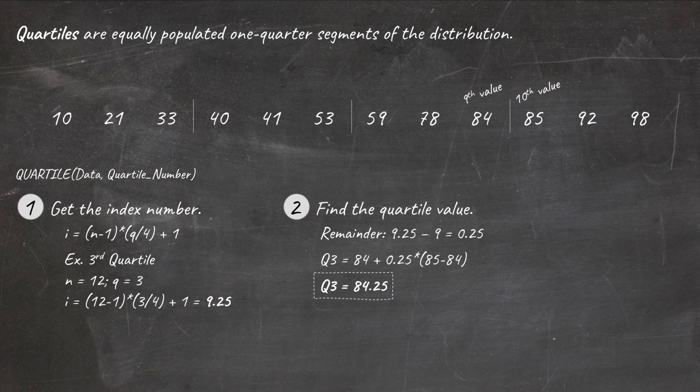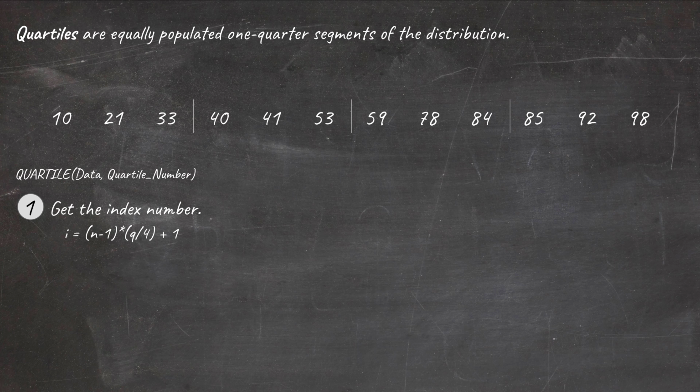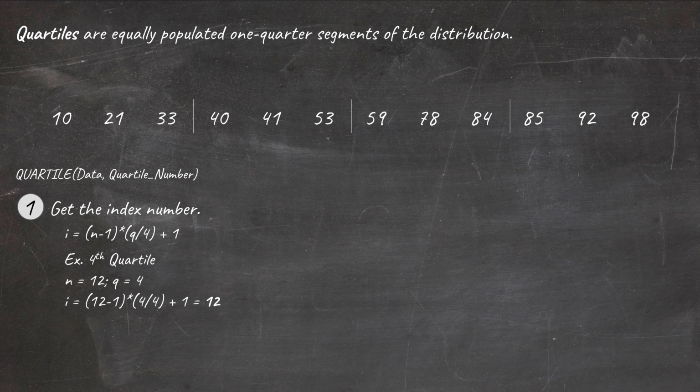I said that you really can only have 1, 2, or 3. But what's nice about this method is we can also do 0 and we can do 4. We'll see this come up later as well. Let's find the fourth quartile. If we plug in 4, then we have 12 minus 1, which is 11, times 4 divided by 4, which is 1. So we just have 11 plus 1 is 12. When we're looking for the fourth quartile, this just simplifies to n.